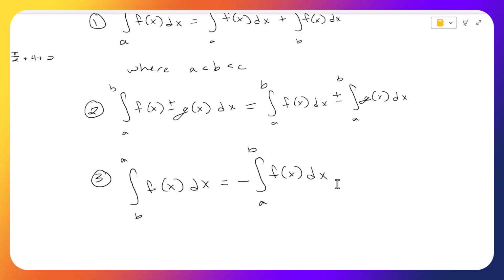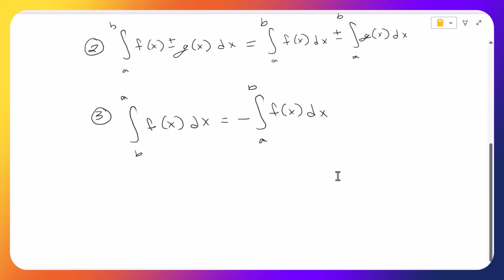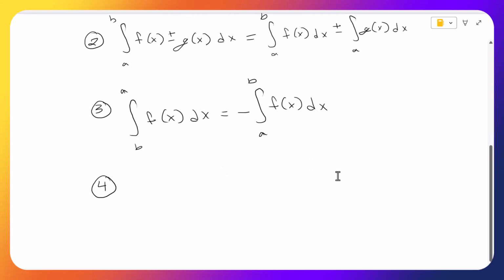There's our third one, and let me just make sure there's no other ones that I really want to do. Okay, there's one more property that I want to give today, because I think it just makes life a little easier when you can do this, and I used it a lot when I was doing integration.